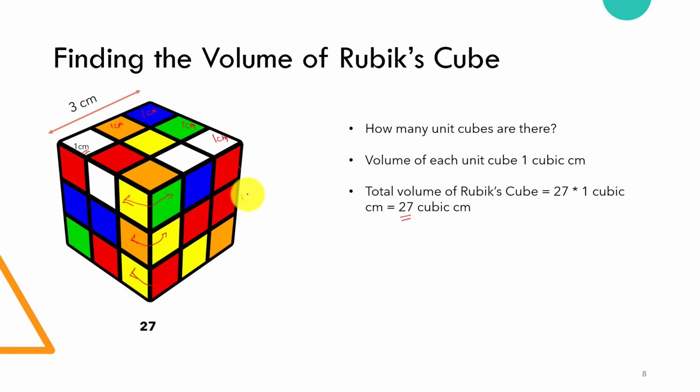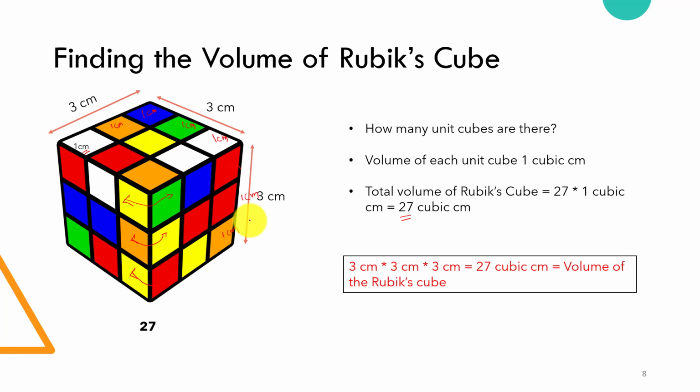Okay, this is red, even 1 centimeter here as well. So that means my breadth will be 3 centimeter as well, and my height will be 3 centimeter as well, correct?